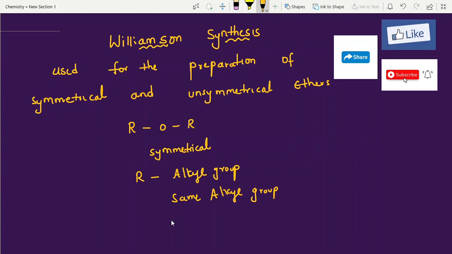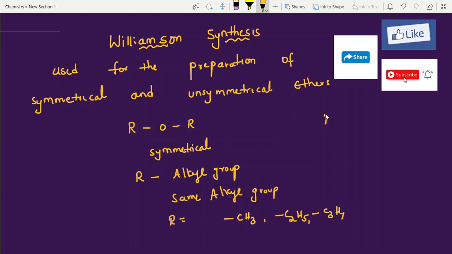Here R equals CH3, C2H5, propyl C3H7. Like this we are going to write. If you want to prepare dimethyl ether, you can substitute two methyl groups. If you want diethyl ether, you can substitute like that.